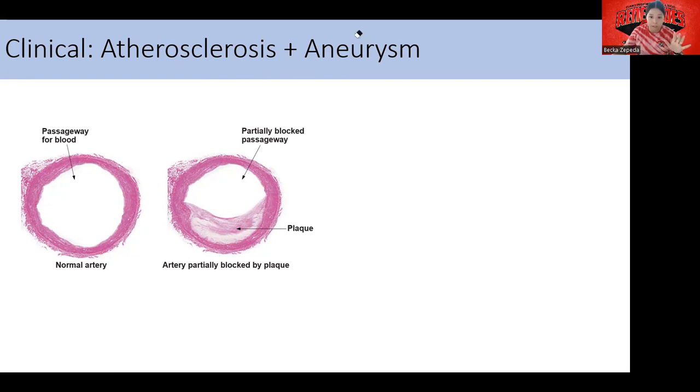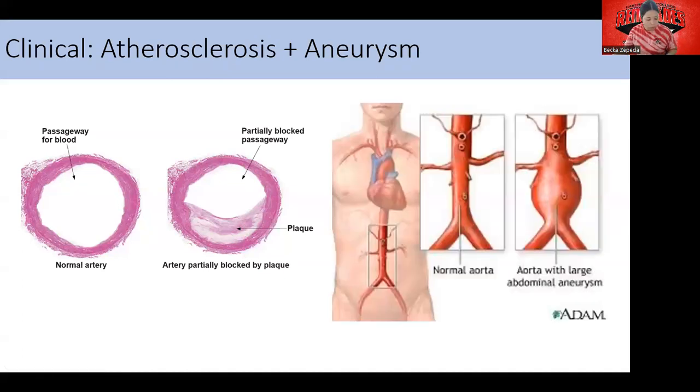Now, another clinical aspect to these muscular arteries, or elastic arteries, I'm sorry, are aneurysms. So with aneurysms, actually before we get there, I mentioned before, if you don't have that continuous flow, what's going to happen, especially because you're getting that full force from the heart, then it slows down when it relaxes because you don't have that recoil.